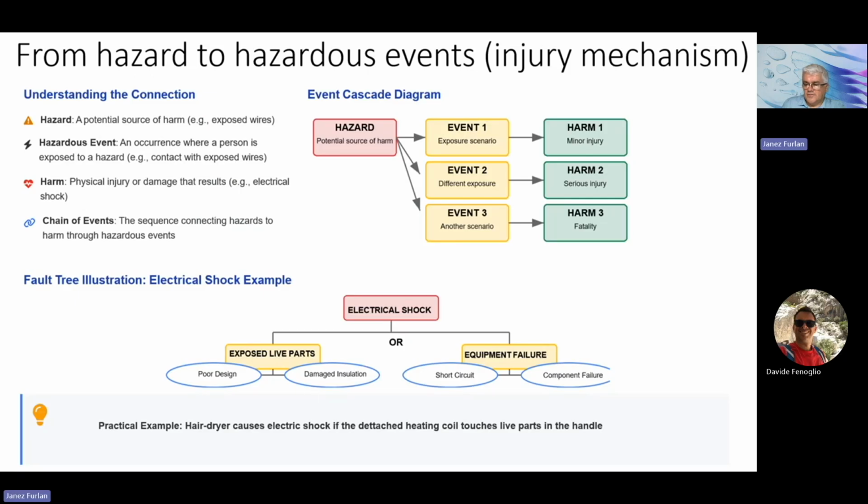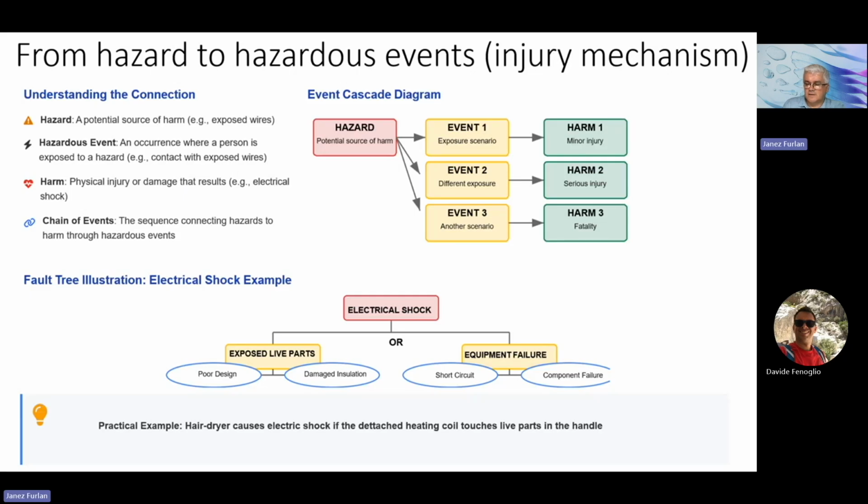After we identify the hazard, which is a potential source of harm, we need to see how the hazard can develop into the unfavorable outcome. That means either injury or environmental harm or anything else. We call this mechanism an injury mechanism.